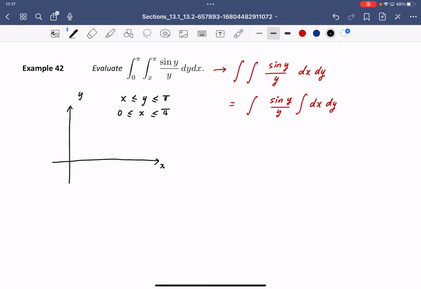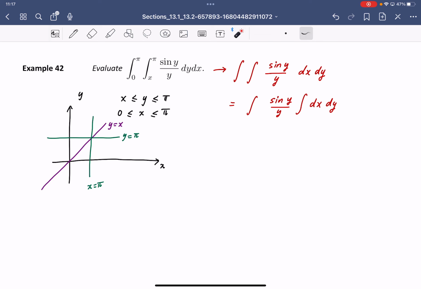So how do you draw the picture? It must be y equal to x, right? And you need x equal to pi and y equal to pi. So you have x equal to pi, y equal to pi, y equal to x.